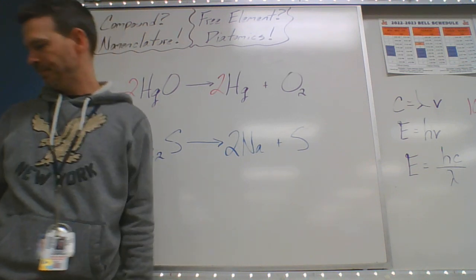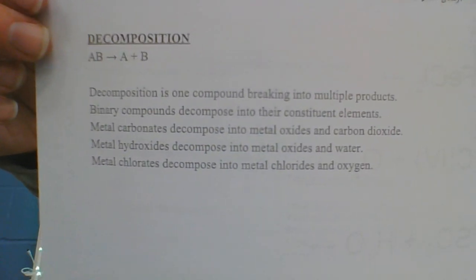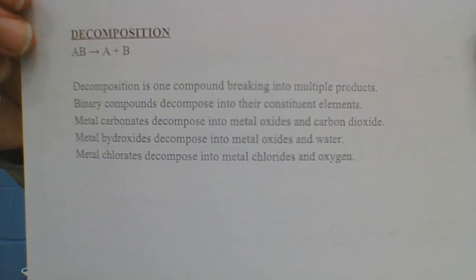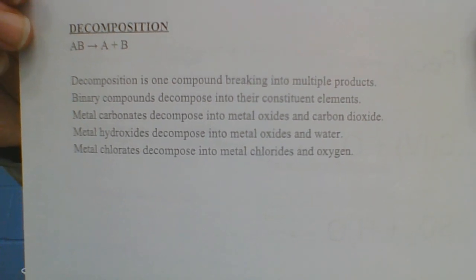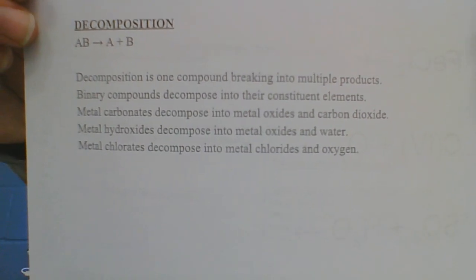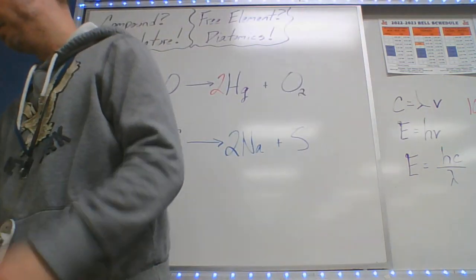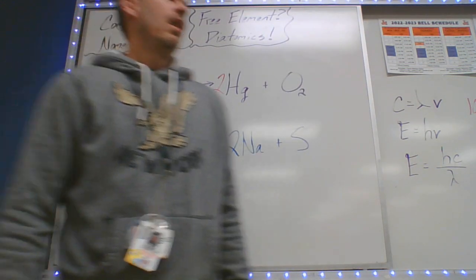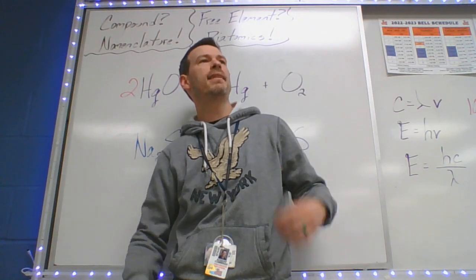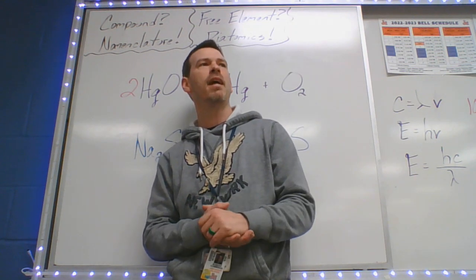But look at your packet. There is also a decomposition section of the packet. If you don't have it at home, pause and copy. The first two things printed there repeat things I've already said.